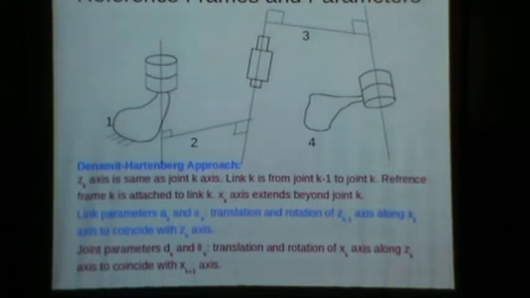Any other question? So, given the cylindrical manipulator, will you be able to do this? So take it as a homework. Okay, look at the cylindrical manipulator and try to do this.